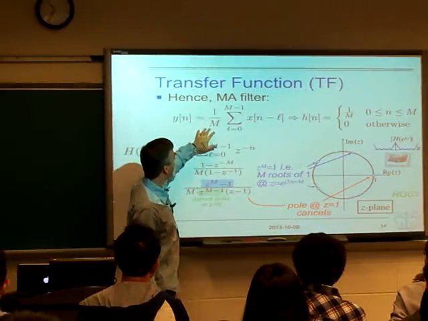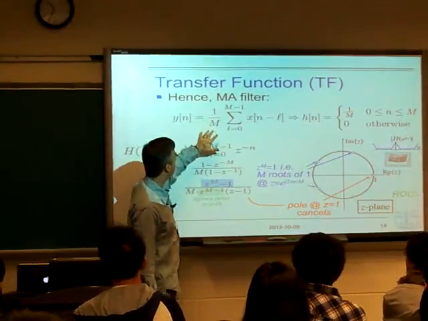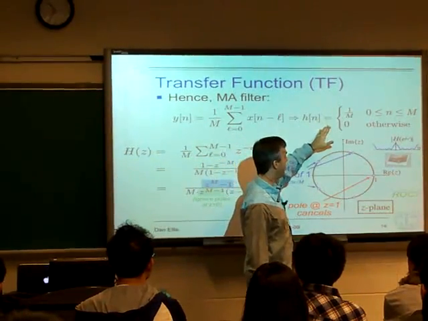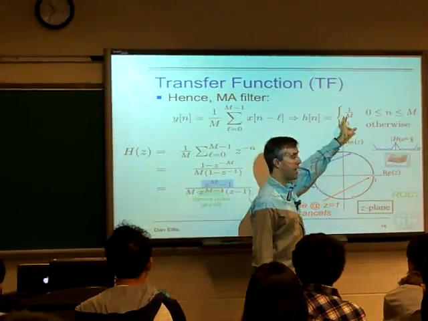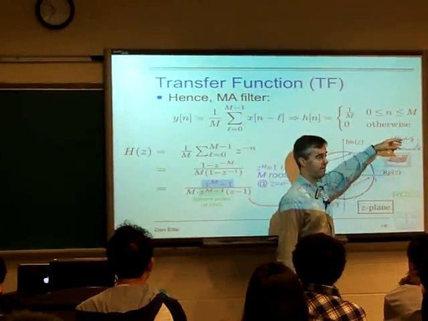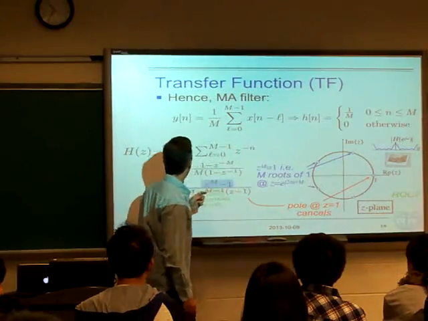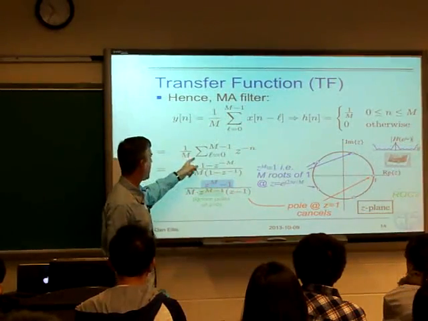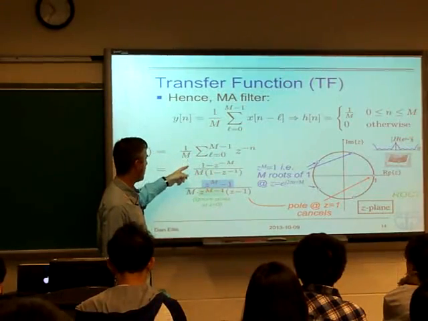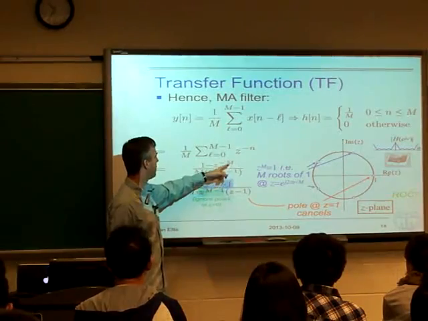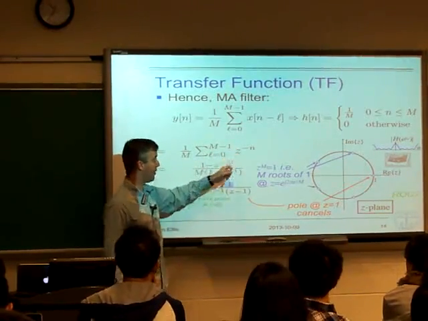Here's our moving average filter again. And here it is in terms of an impulse response: if you put an impulse in, you get 1 on m out for the first m samples and 0 everywhere else. So that means H of z, the Z transform of the impulse response, is a finite geometric sum in just z to the minus 1.